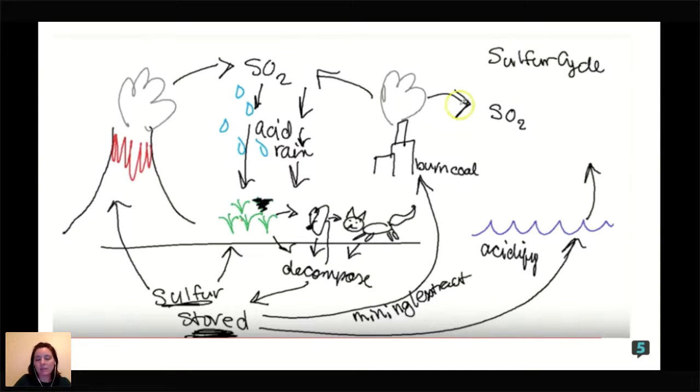Or sorry, the atmosphere. The sky is the atmosphere. The ocean is in the water. We also create smaller amounts of sulfur dioxide when we burn other fossil fuels like petroleum products in our cars. So yeah, that's the sulfur cycle, basically.